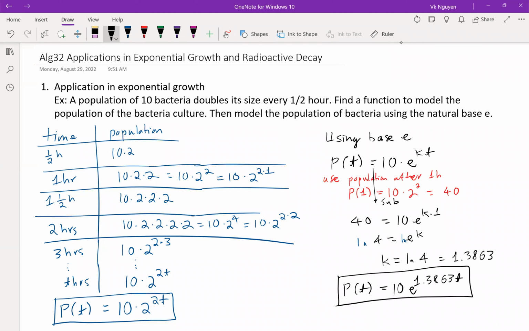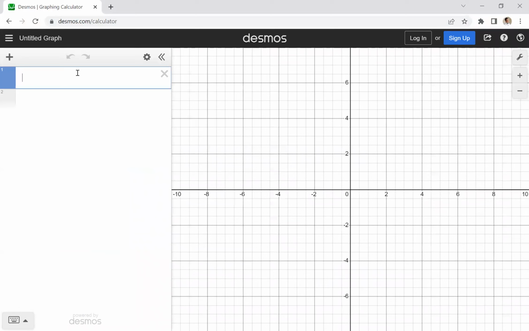Let's graph them in decimals, and you see that they are the same. Okay. One model is 10 times 2 to the power 2t.